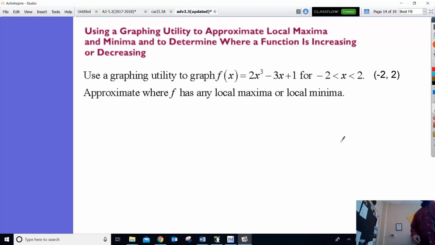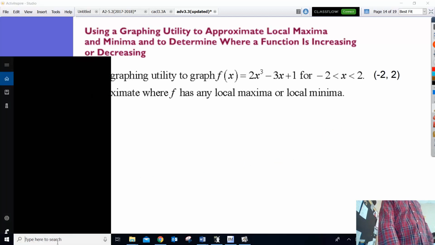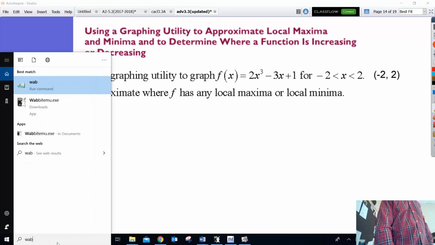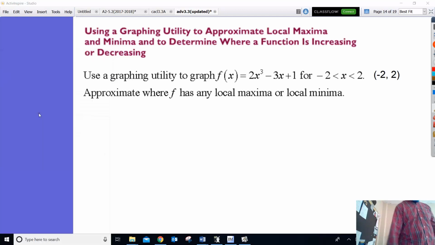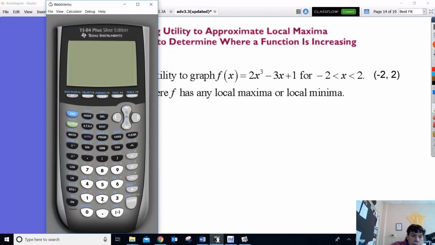No, acting like you forgot where y equals is. Everybody knows where y equals is, right?